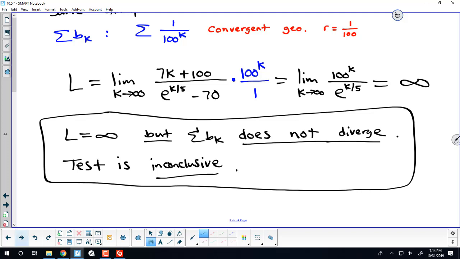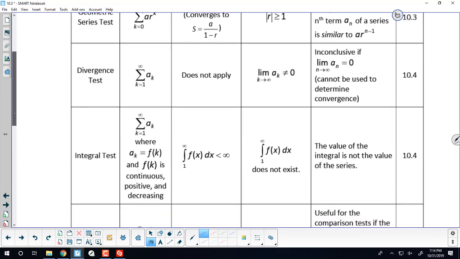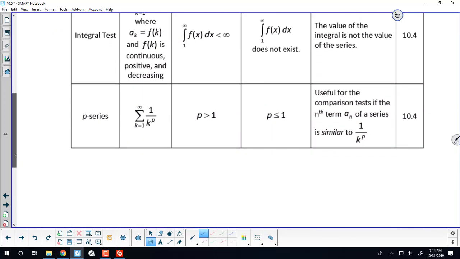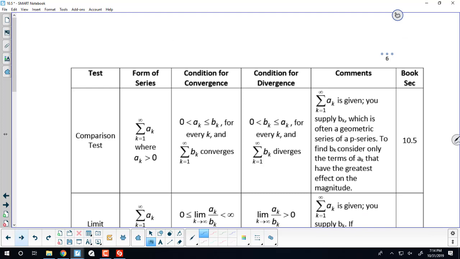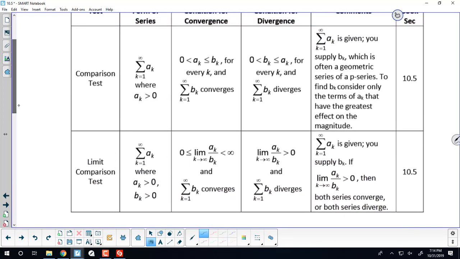All right, so what we have so far: we have the geometric series test, the divergence test, the integral test, p-series, the direct comparison test, and the limit comparison test. This doesn't even mention anything about telescoping series, so we also have those as well. Again, not to overwhelm you, maybe to strike a little bit of fear that there is a lot that we're talking about, so you should get on this as soon as you can.